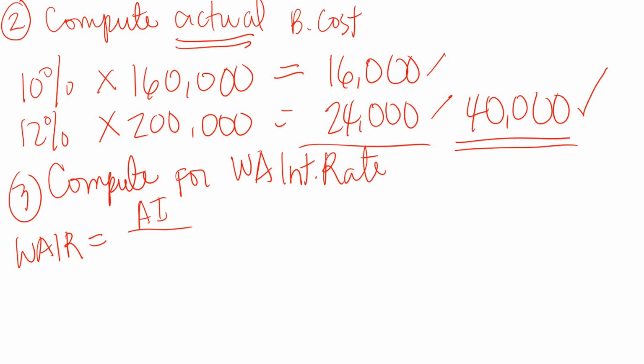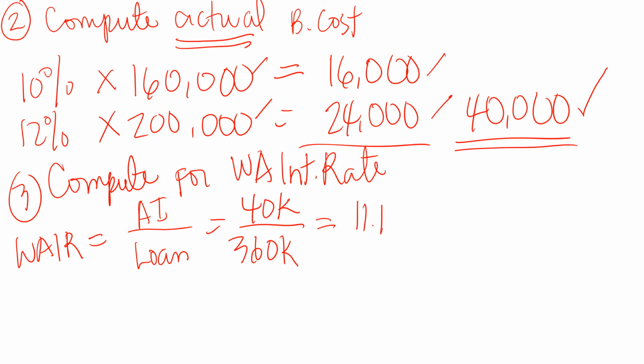I-divide lang natin nung loan, which is itong 160 plus 200. So, this is 40,000. I-divide ko ng 360,000. Kasi 200 plus 160. So, lalabas, this is 11.11%. Actually, madami yan. 0.111111.